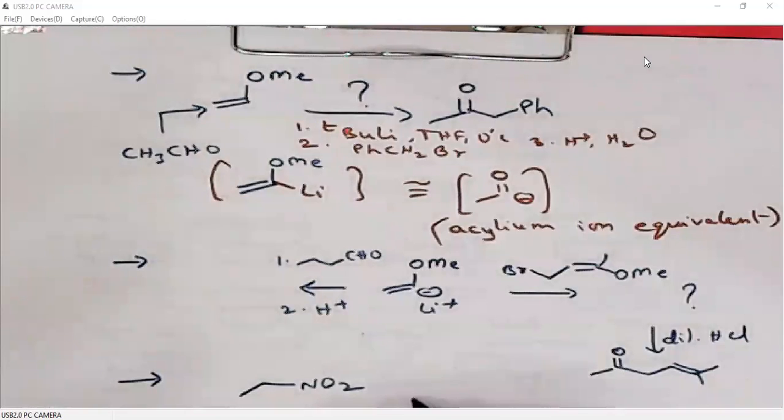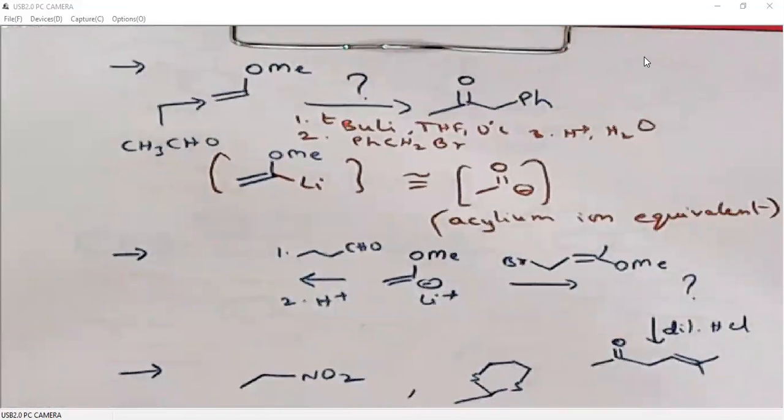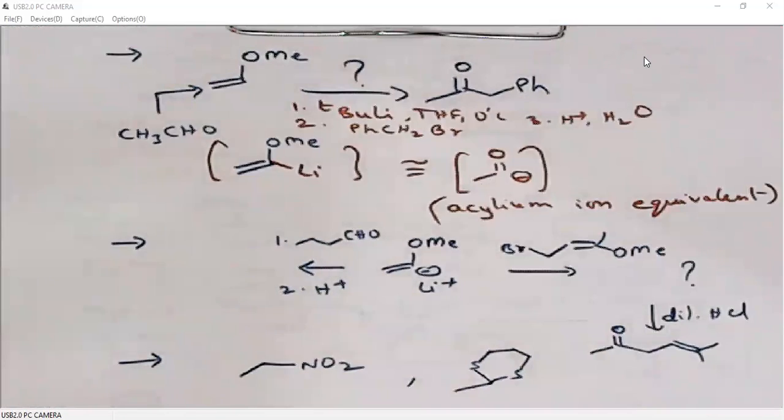Nitroethane or a carbonyl, acetaldehyde protected as dithiane. These are generally called acyl ion equivalents. Why? Here we can generate negative charge here. Similarly, here also we can generate negative charge here.